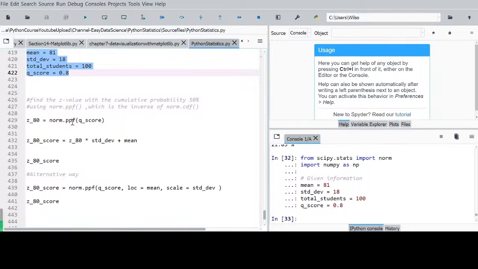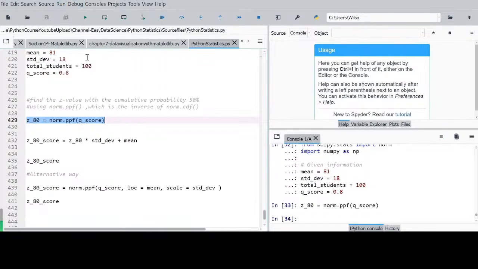So ppf will find the Z value for the standard normal distribution associated with this cumulative probability. So Q score is the probability, right?